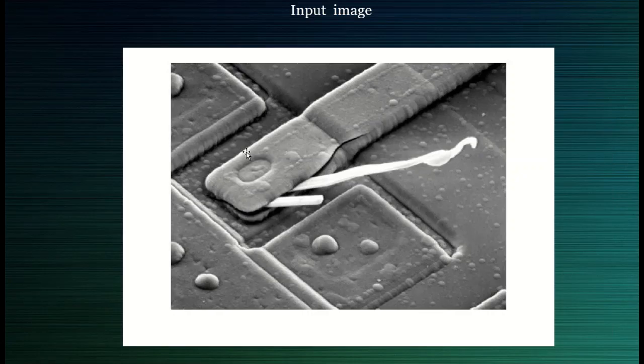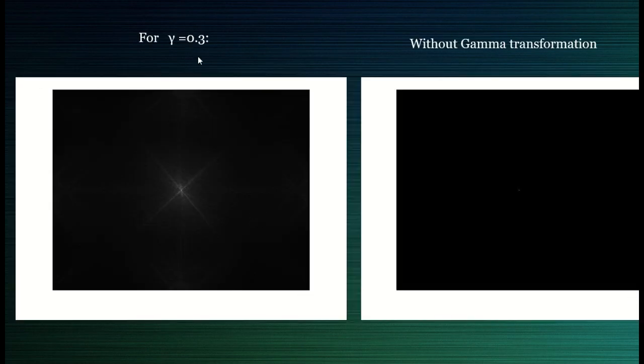This is the input image to which we are going to apply the Fourier transform, and this is the output for gamma equal to 0.005. Here we can see the frequency components clearly, and this is for gamma equal to 0.05, this is for gamma equal to 0.1, this is for gamma equal to 0.3, and this is without gamma transformation.